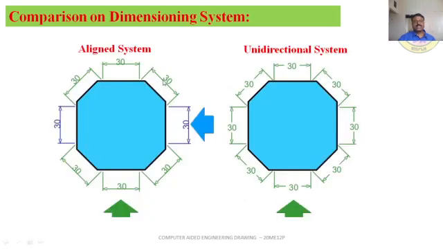See here, aligned system, readable from the bottom as well as from the right hand side, and these inclined dimensions are parallel to this, so the text will rotate towards this surface. But in the unidirectional system, you just observe this sketch, all dimension texts are in the same orientation, that is, readable from the bottom edge.